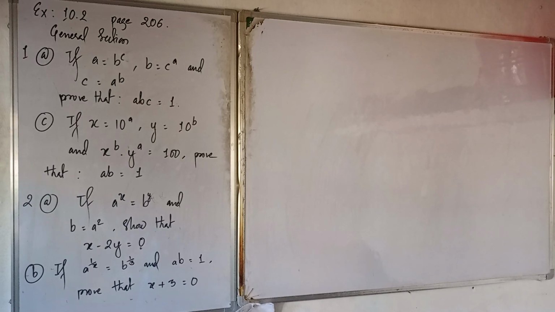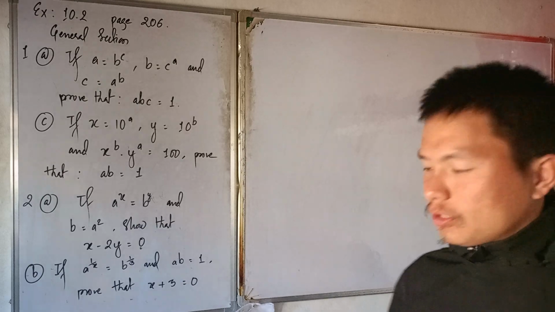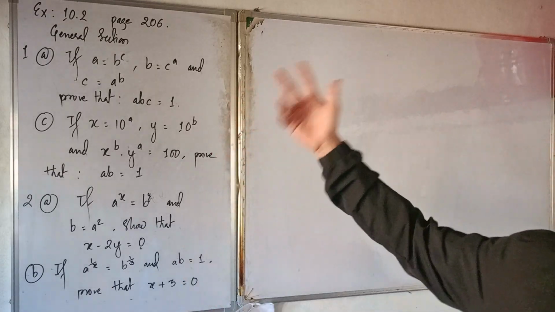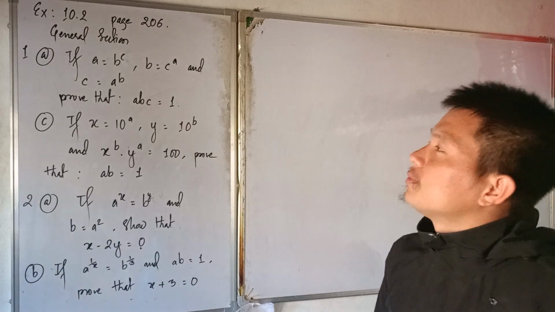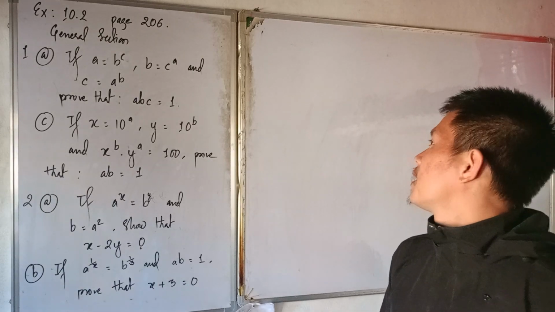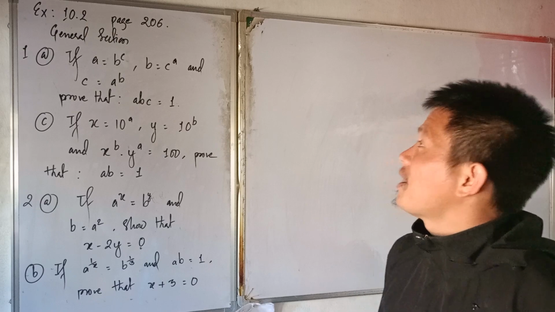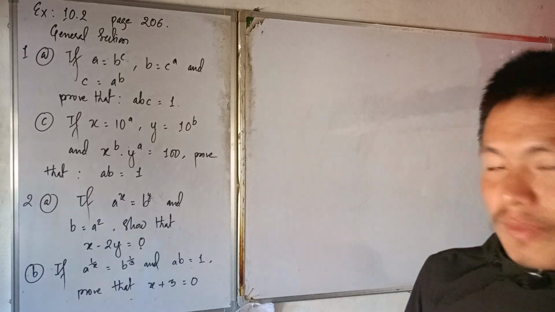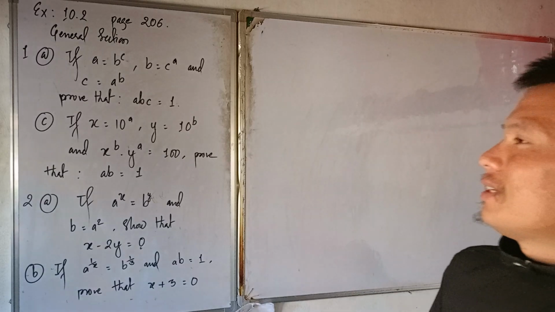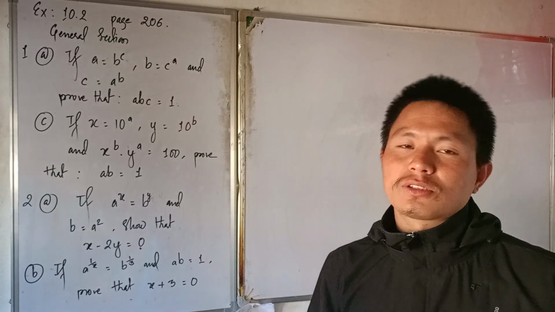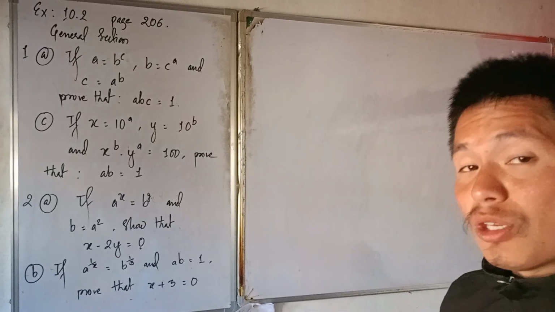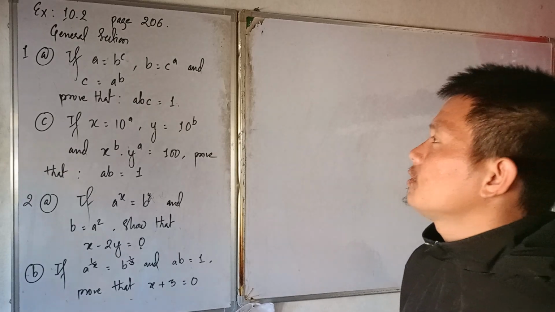So we just recently finished exercise 10.1. In today's video we'll be starting exercise 10.2, page number 206. This is the initiation of the next exercise, and it belongs to the same chapter, exponential equations.